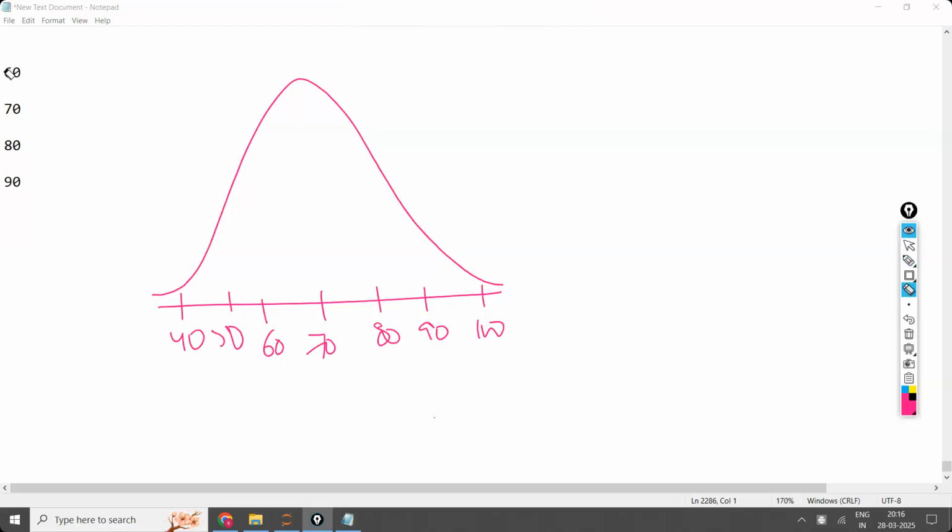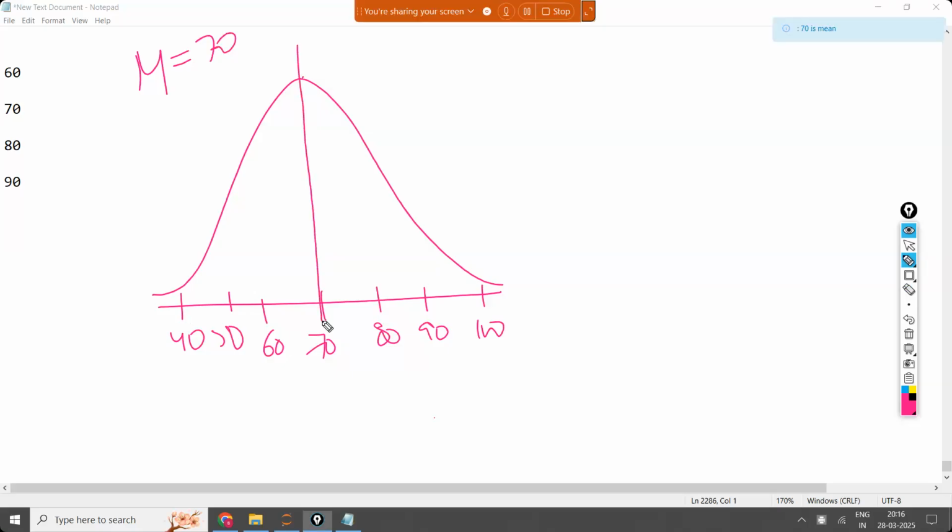Mu is equal to 70. How did you conclude? Exactly in the center, at the peak level, that is the mean. And the difference between these two values is called sigma, which is 10.